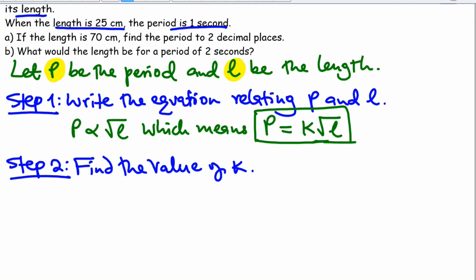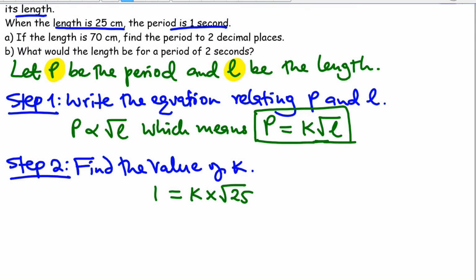So P is equal to 1, so that will be 1 is equal to k multiplied by the square root of L, and L is 25. I'm using these conditions here, right? Anyway, you can see them.